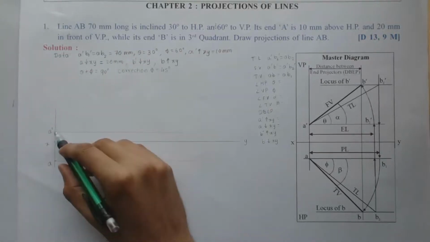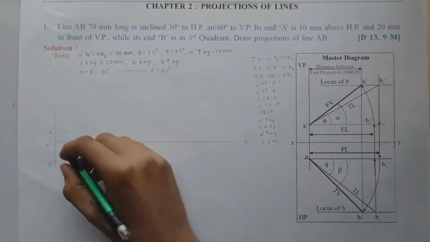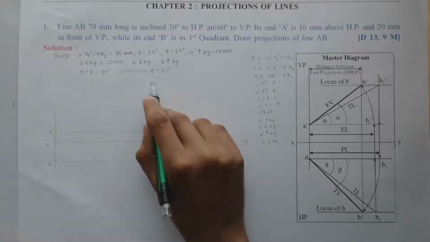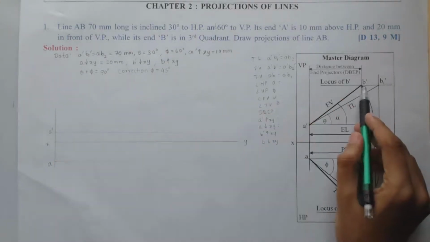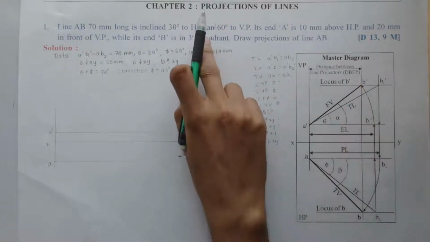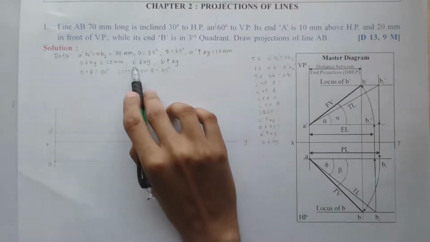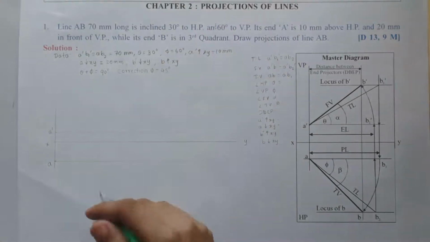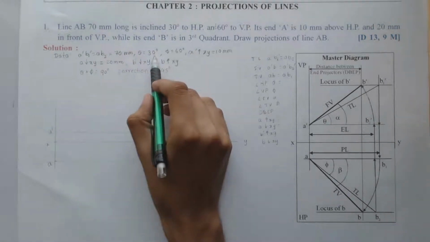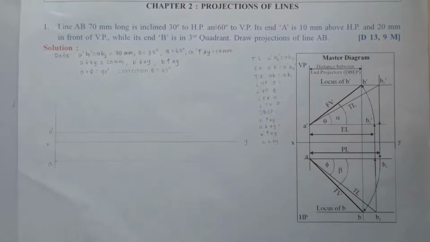So here from A dash, there are two possibilities. I can produce that angle upwards or downwards, but that will depend on the position of B dash. Here the position of B is in first quadrant, but in the required problem, it is given that B is in third quadrant, so B dash will be obviously below XY. So I have to measure that 30 degree to mark the point B1 dash in the downward direction.